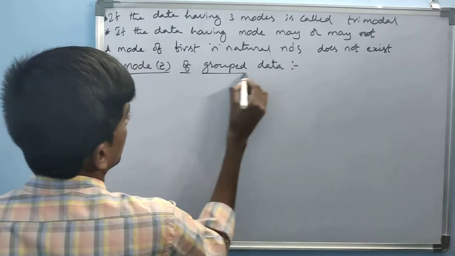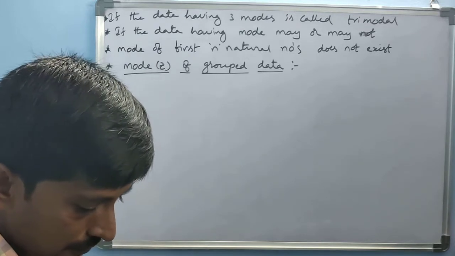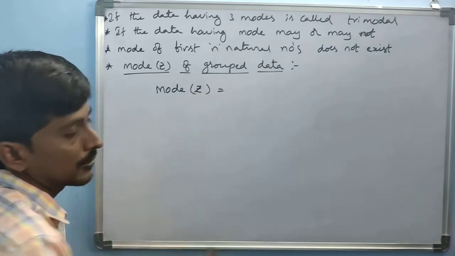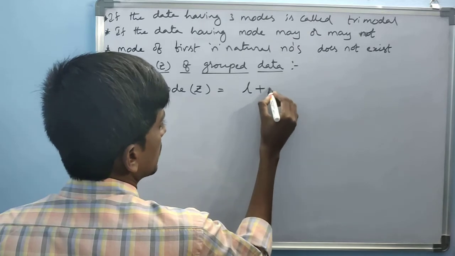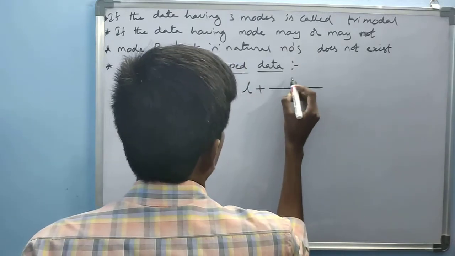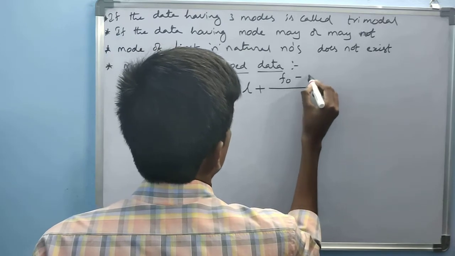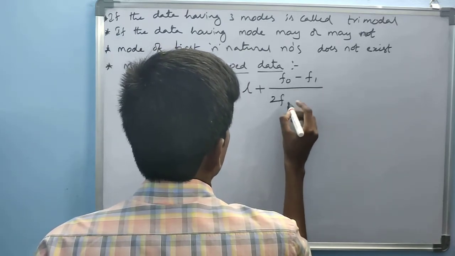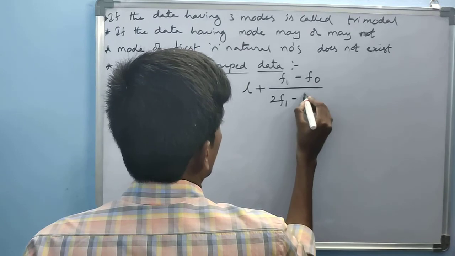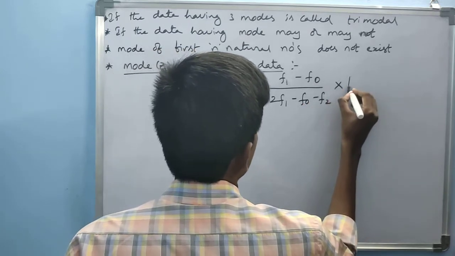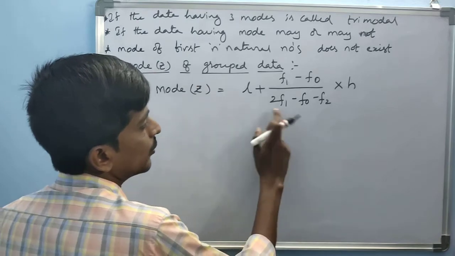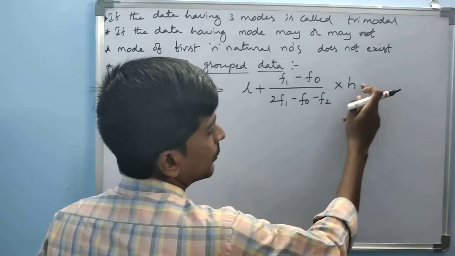This is a very important formula from the examination point of view. Mode Z equals L plus (f1 minus f0) divided by (2 f1 minus f0 minus f2), into h.